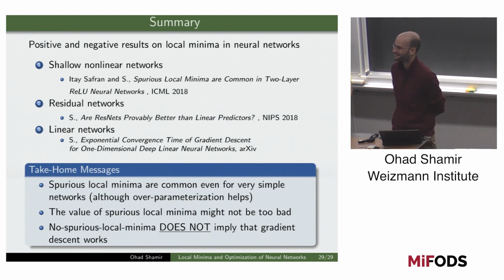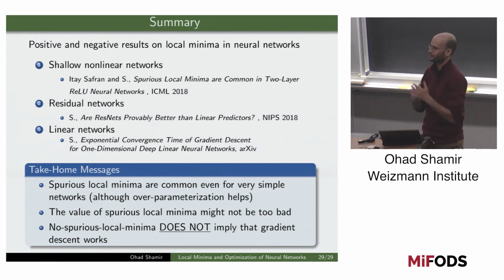I'm not claiming that this has any immediate practical relevance, but we started with one residual unit, for which the reasonable thing to compete with is a linear predictor. And it's natural to ask now, what happens if I compose two residual units or more and then compare? We still don't have results in this direction, but it might be possible.